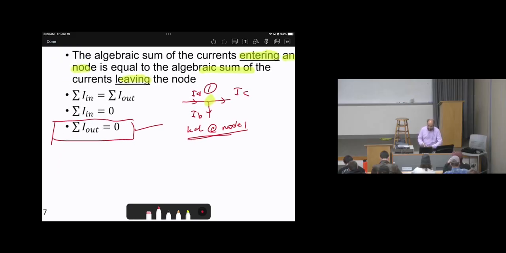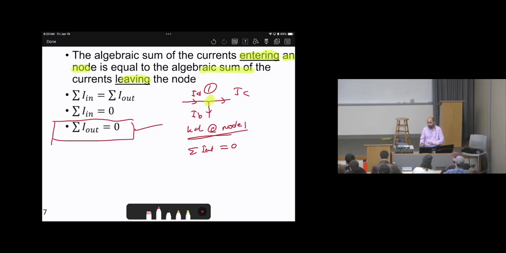According to KCL in our standards, the sum of the leaving currents equals 0. So we are applying it at node 1. Look at IA. Is IA entering or leaving node 1? It's entering. The law says the sum of leaving currents will be 0. So what should I do?